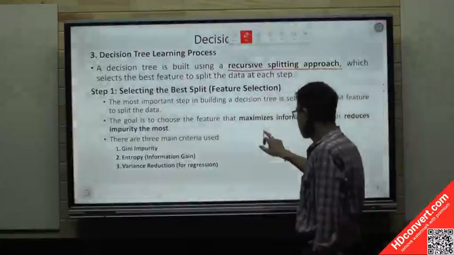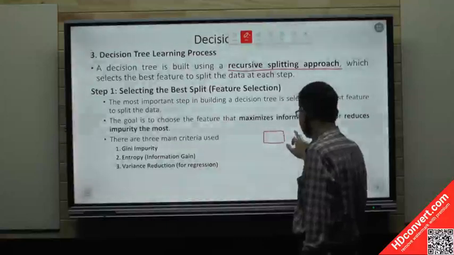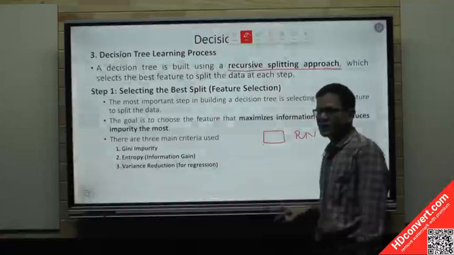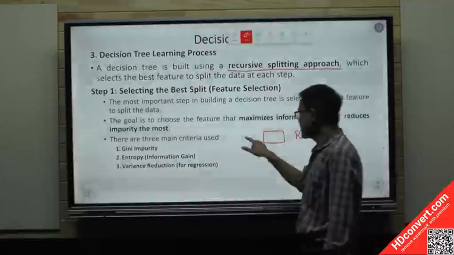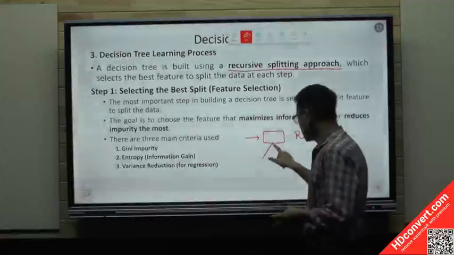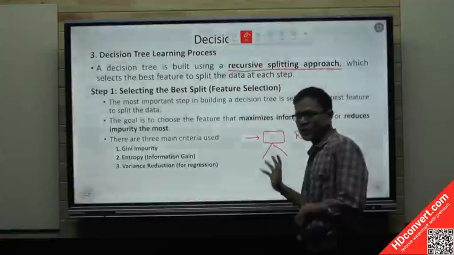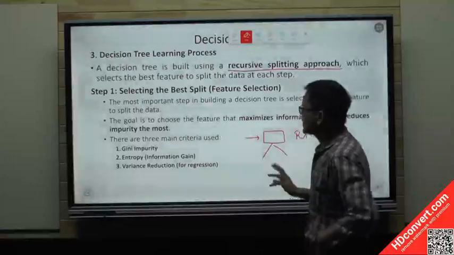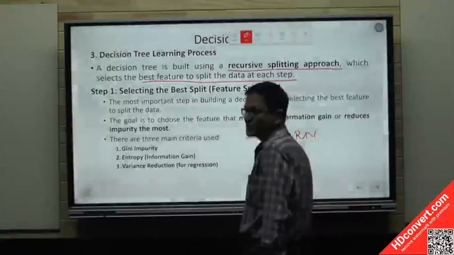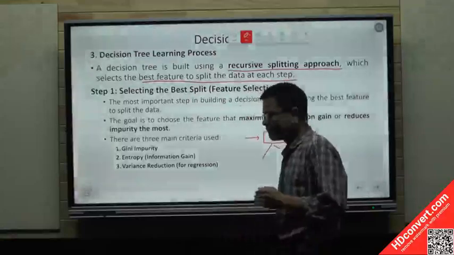That means at the root node you have the entire data set, and you have to take a decision to split the data set into two halves, one on the left and one on the right, selecting the best feature to split the data at this point.